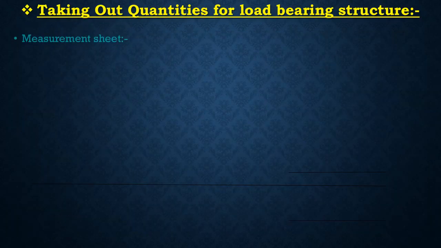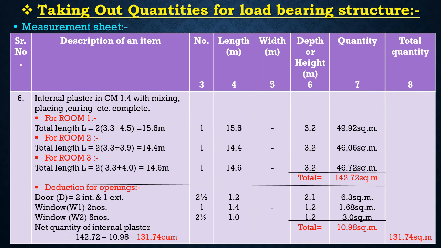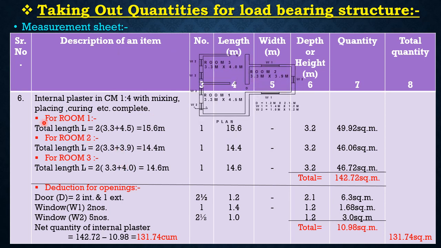Then quantity calculation for internal plaster. Internal plaster in CM 1:4 with mixing, placing, curing, etc. complete. Quantity for internal plaster is calculated room wise. For room 1, the dimension of room is 3.3 meter by 4.5 meter.